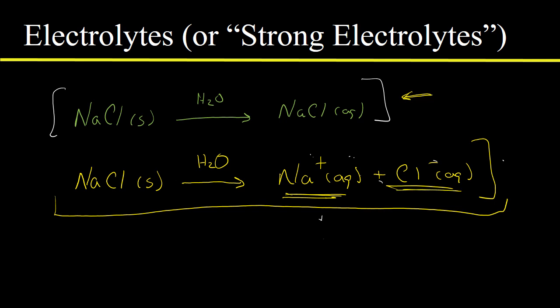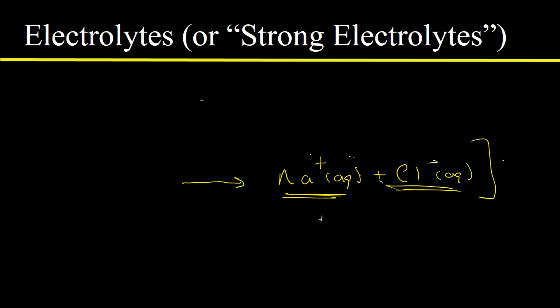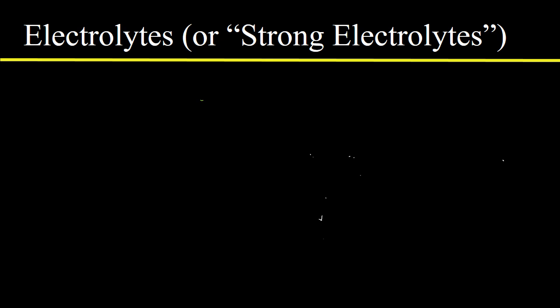Okay, all right. So you can see from the title here, we're going to talk about electrolytes. And what we were just looking at is an example of an electrolyte. All right, and normally we just call these species electrolytes, but we will later on be talking about a group of molecules called weak electrolytes.